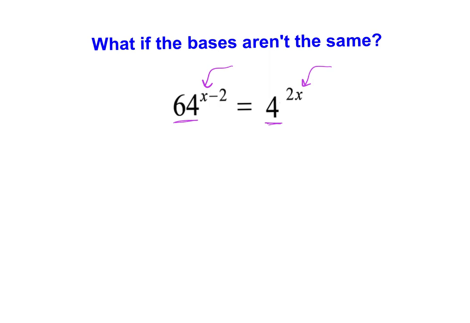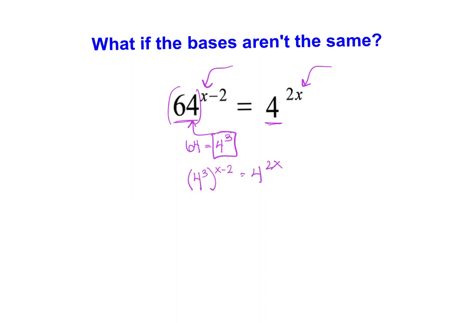So what I notice when I look at these and when I look at my powers resource is there's a relationship between 4 and 64. 64 is equivalent to 4 to the power of 3. So in place of this 64, I can write 4 to the power of 3. I'm going to replace 64 very purposefully with 4 to the power of 3.